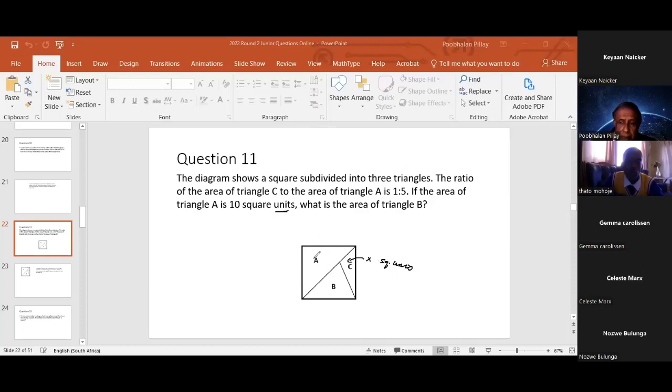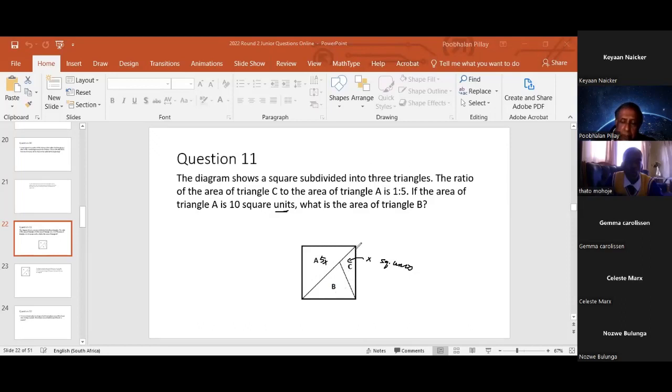So if this is X, then this area here is 5X, this triangle. But you got a square, and this diagonal splits the square up into two equal triangles, as you can see. So the area of this entire triangle is also 5X.